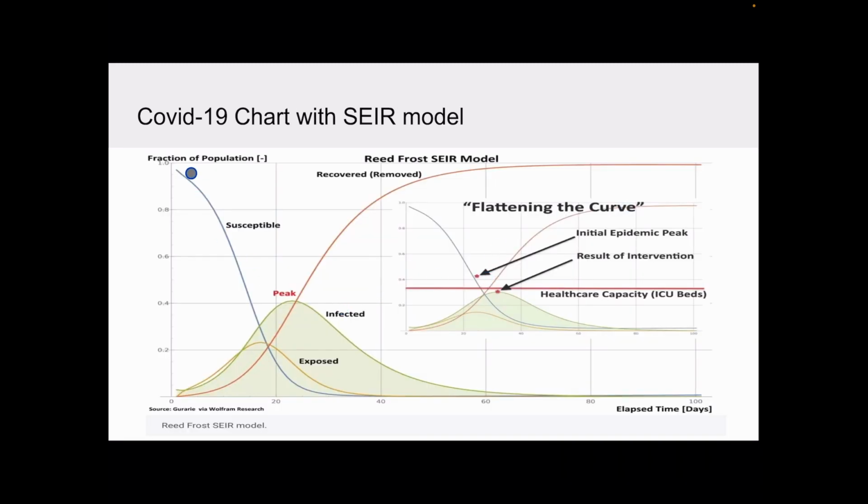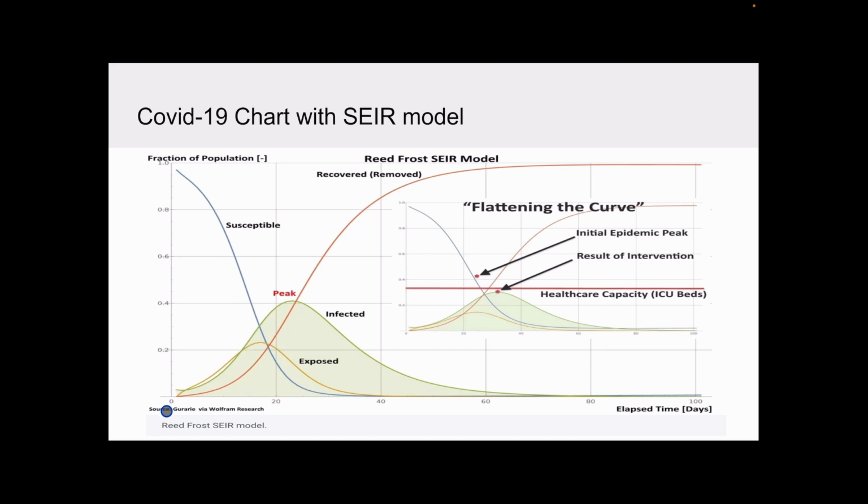So susceptibles, this part, eventually all the population is going to be on a downward trend, eventually flattening out here. And then we're going to look at the exposed rate, people that have a latency, where you're either infectious or not, but not infectious yet.